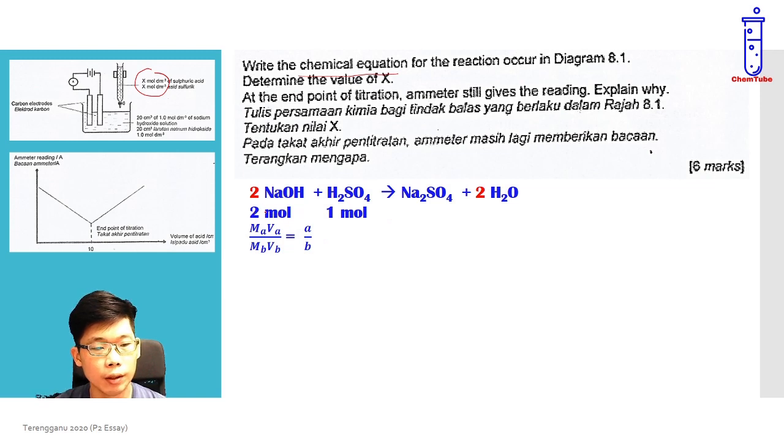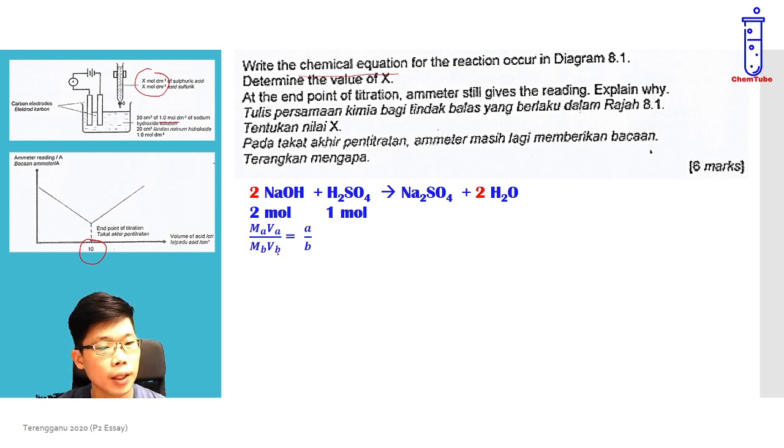Here we look into the equation. For sodium hydroxide it is 2 mole, then sulfuric acid is 1 mole. So we can replace in all the information here. MA is actually X, the concentration of the acid. VA is the volume of the acid used. Here we know that the volume of acid used is 10 cubic centimeter to neutralize the alkali. MB is the concentration of the sodium hydroxide, which is 1.